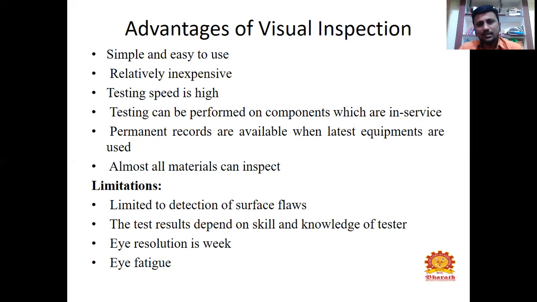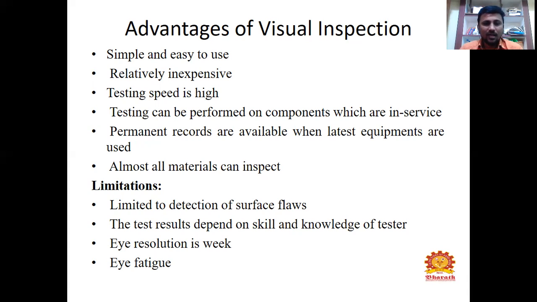Then what are the disadvantages of visual inspection? First, it is limited to detection of surface flaws. Second, the test results depend on the skill and knowledge of the tester. Third, eye resolution is weak.